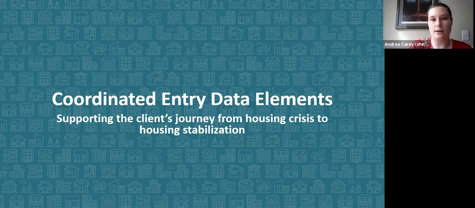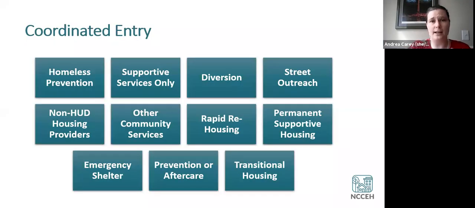When we're talking about coordinated entry, what are we really referring to? Because HUD uses this language in a lot of different ways. So as we're looking at coordinated entry data elements for HMIS, that has a more specific meaning. So all of these different projects may interact with coordinated entry, participate in coordinated entry.